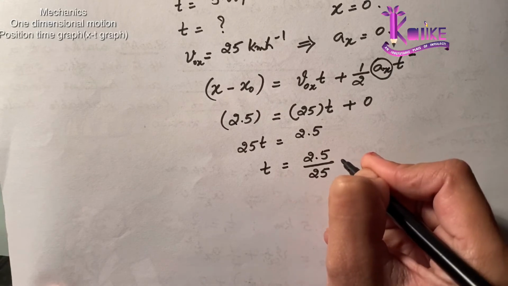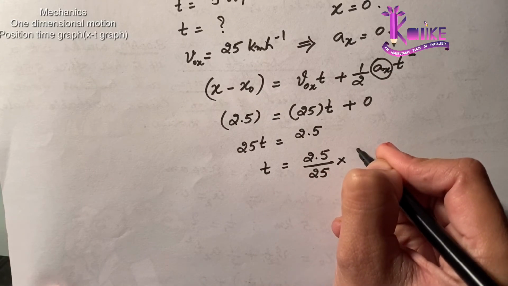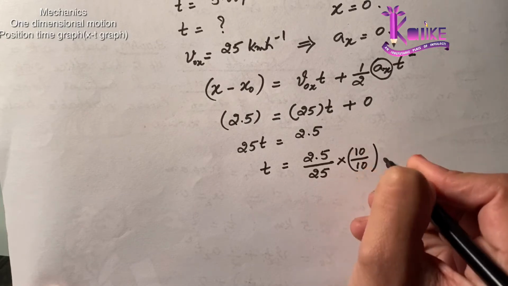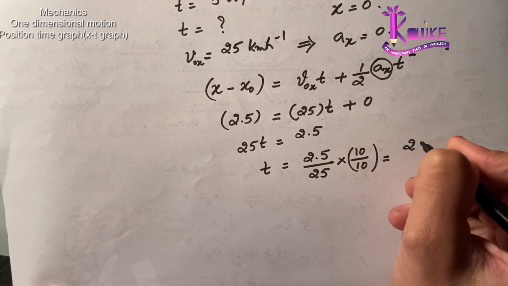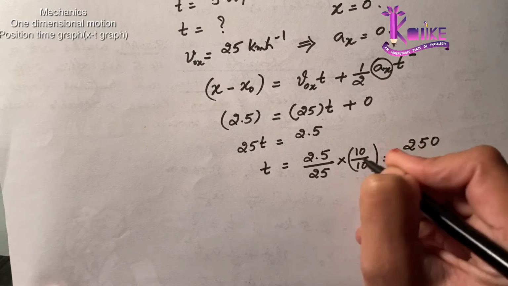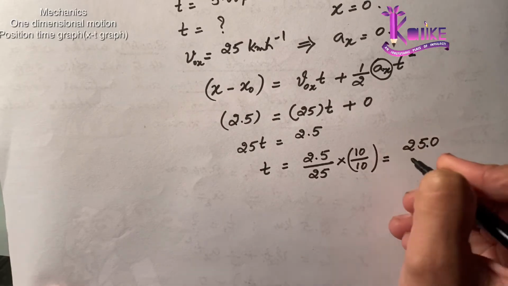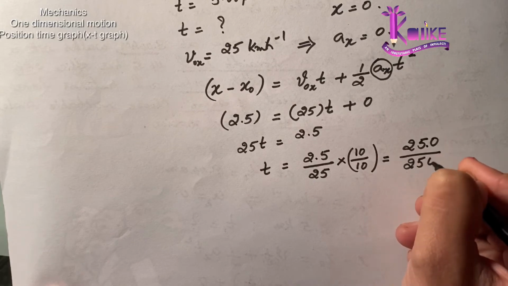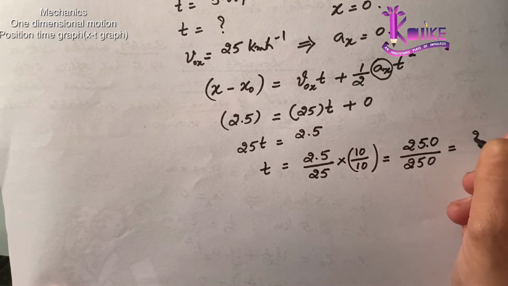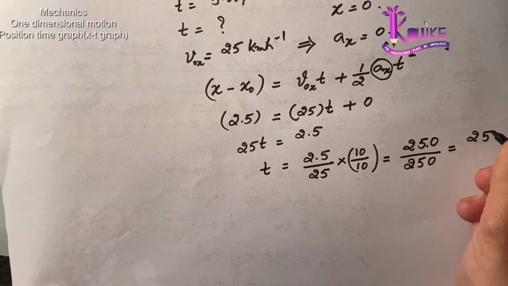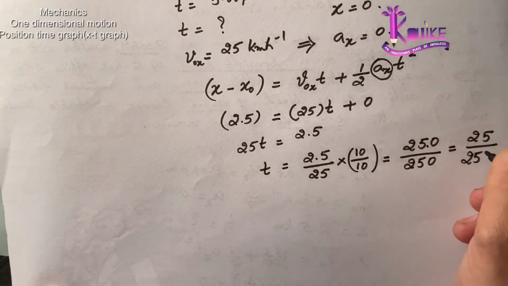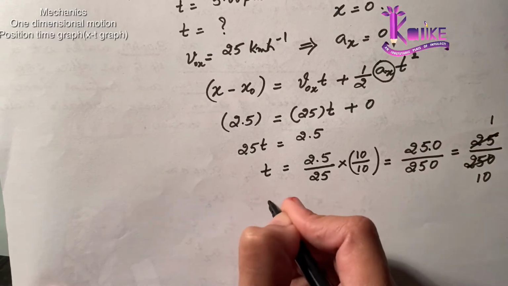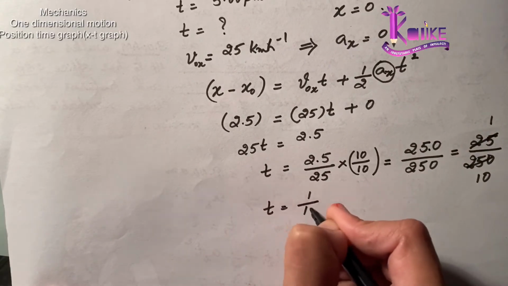Now, in order to remove the decimal, I multiply the numerator and the denominator by 10 by 10, and I get 250, keeping the decimal point after one digit. So, this is nothing but 25 divided by 250, which is 25 ones and 25 tens. So, t will be 1 by 10th of an hour.